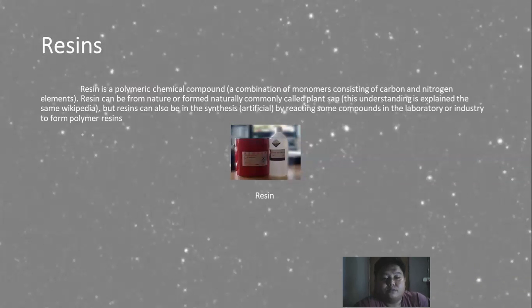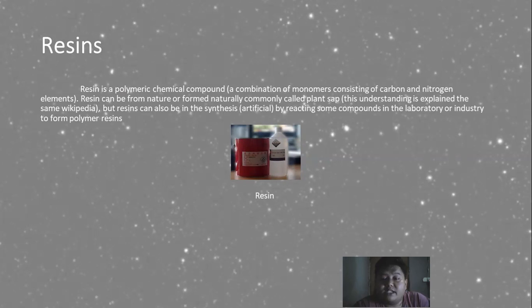Next, resin. Resin is a polymer chemical compound, a combination of monomers consisting of carbon and nitrogen elements. Resin can be from nature, commonly called plant shape.